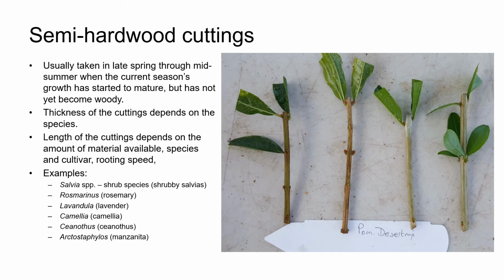Shading of at least 50% is recommended in order to keep the aerial parts of the cuttings cooler and reduce water loss from evapotranspiration. Examples of plants that can be propagated relatively easily from semi-hardwood cuttings include most of the shrubby salvias, rosemary, lavender, camellia, ceanothus, and manzanita.